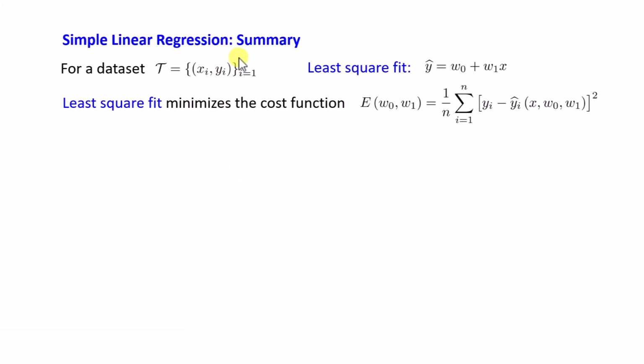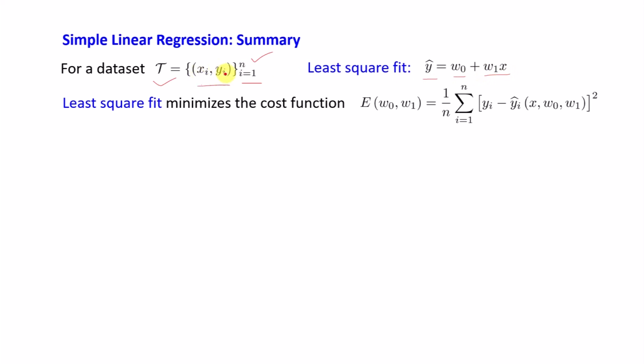First, let's recall what we were discussing in the last lecture. We have a dataset xi, yi for i equals 1 to n. Through this dataset, we want to fit a least square regression y hat equals w0 plus w1x.